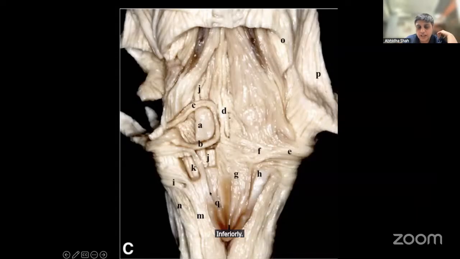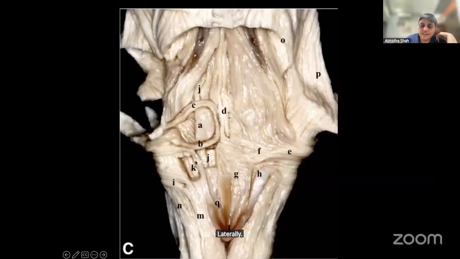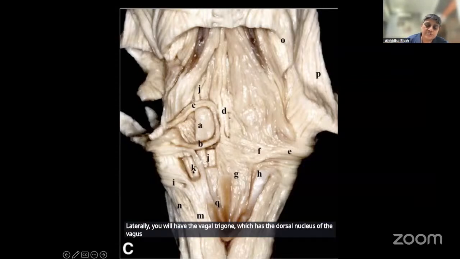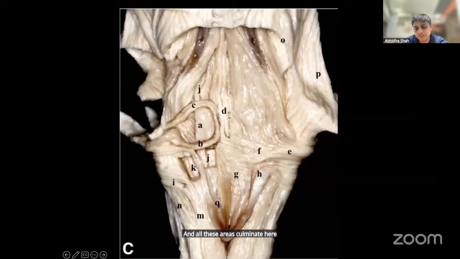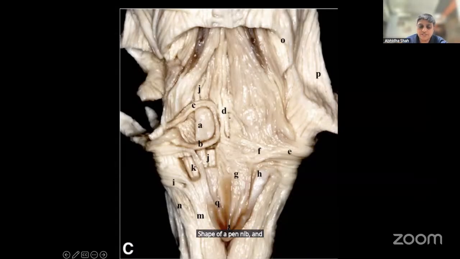Inferiorly, you have the hypoglossal triangle, and the medial part consists of the hypoglossal nucleus. The lateral part consists of the nucleus intercalatus. Laterally, you will have the vagal trigone, which has the dorsal nucleus of the vagus and the nucleus ambiguus. All these areas culminate here in this region, called the calamus scriptorius. It has the shape of a pen nib, and it enters into the region of the obex and forms the central canal.